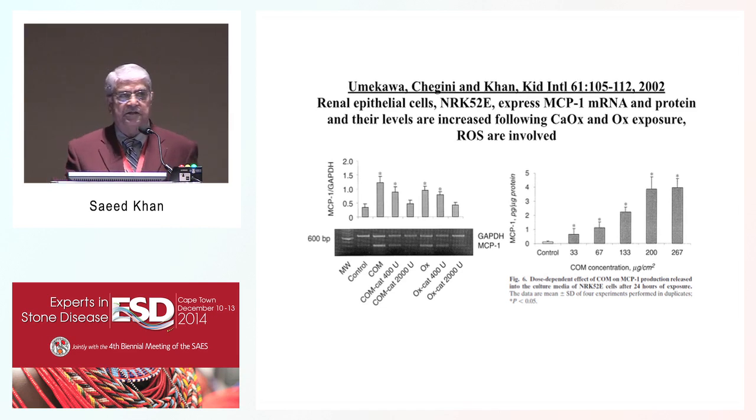So when you expose the cells to oxalate or calcium oxalate crystals, there is a production of reactive oxygen species, but when you treat them with catalase, in this particular case we are looking not directly at the reactive oxygen species but at monocyte chemoattractant protein 1. So here we are not measuring oxidative stress, we are actually measuring inflammation, because monocyte chemoattractant protein 1, as the name implies, is a part of the inflammatory cascade.